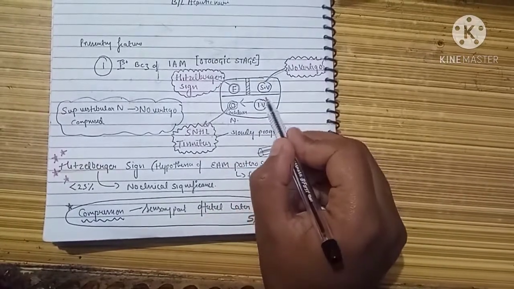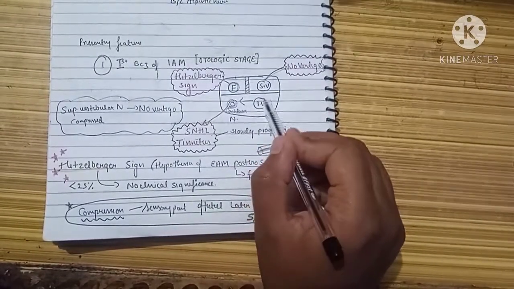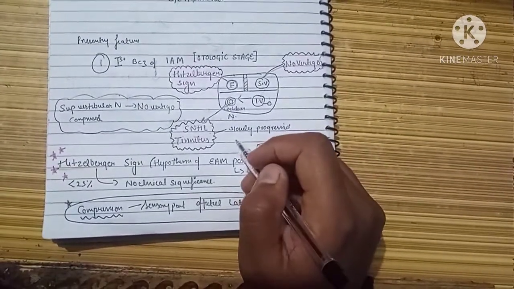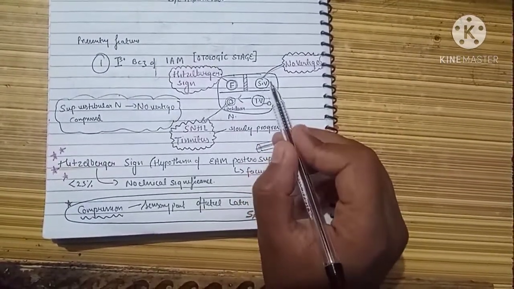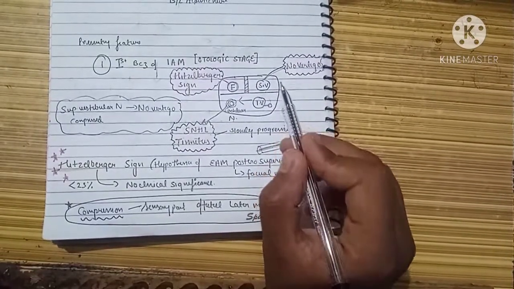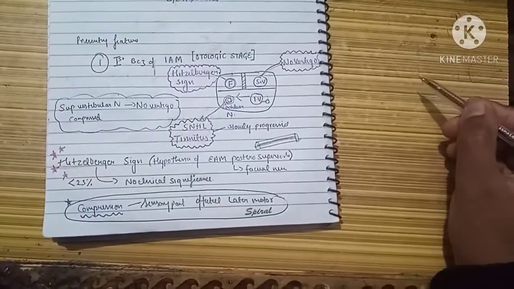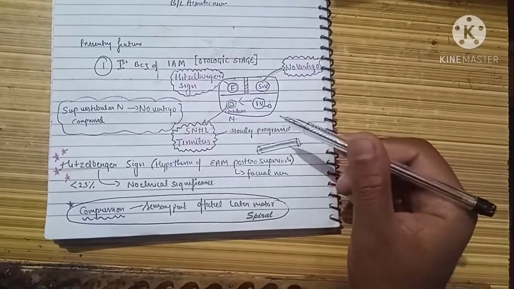Now when this tumor grows from the inferior vestibular nerve, it erodes the bone and involves the superior vestibular nerve. We should remember that when the superior vestibular nerve is involved, there is no vertigo. This is because the growth of this tumor is really very slow.